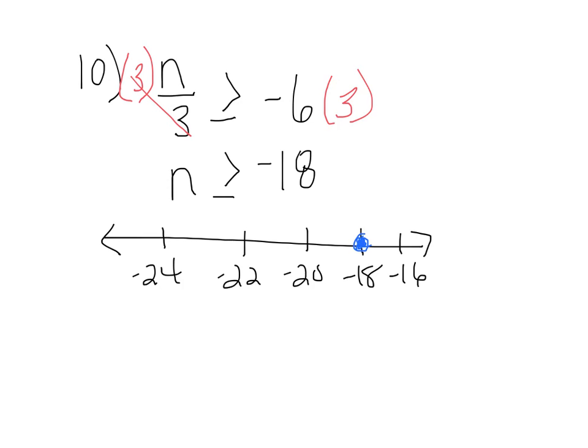And just like my inequality is pointing to the right, my line is going to point to the right. Because remember, the line represents n, and n is anything that's -18 or greater than. Greater is always to the right, and less is always to the left.